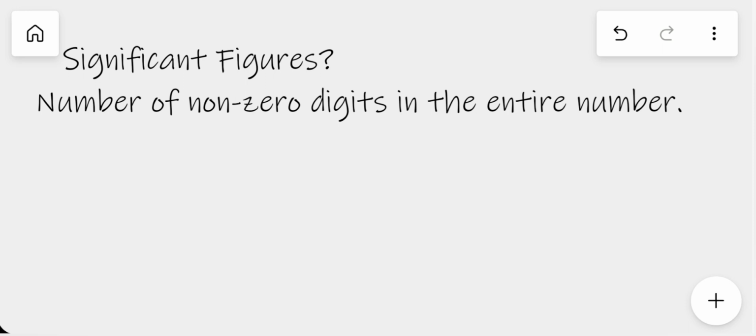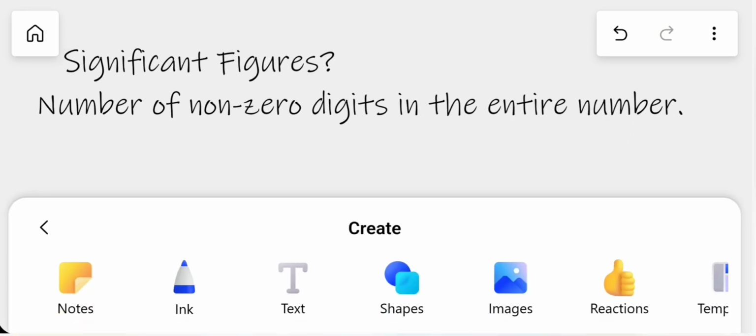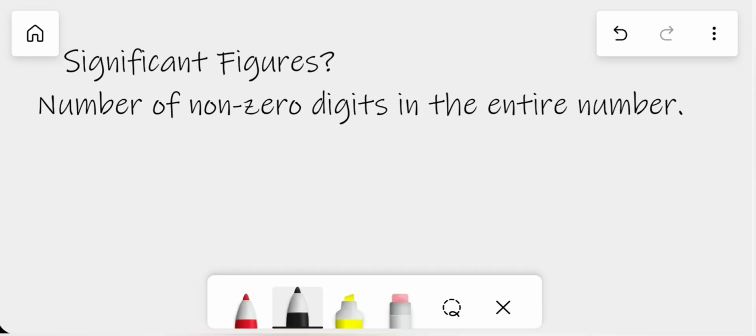So anything that's not a zero. Then, for example, if we had 3.145.8, well, I purposely didn't put any zeros there.